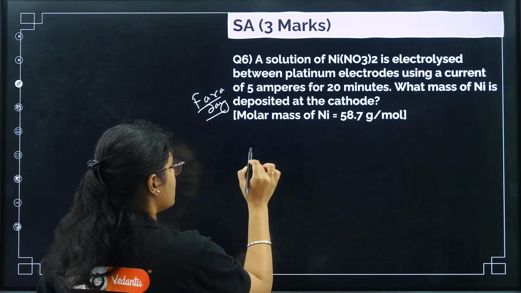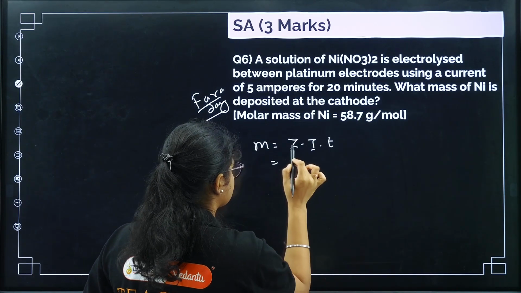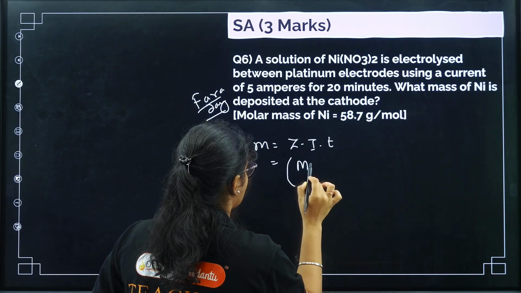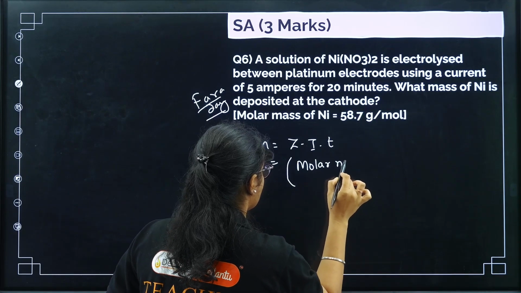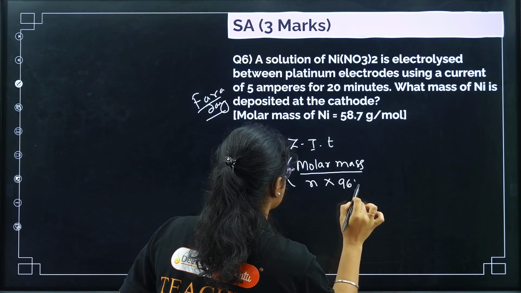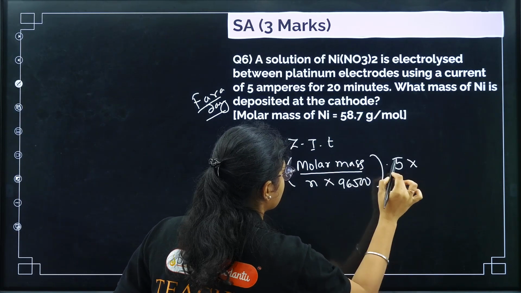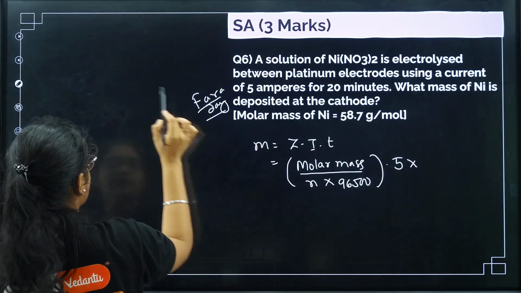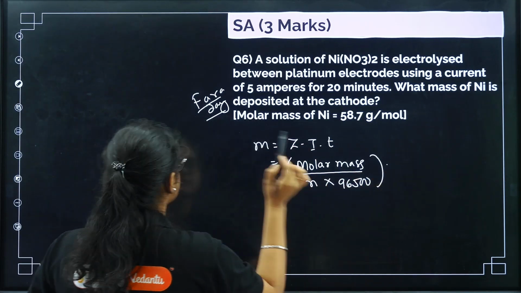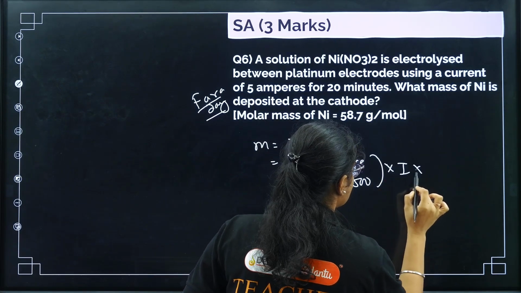We know this formula: m is equal to Z into I into t. If you want to expand this, Z is equal to molar mass divided by n into 96500, into current into time. I'm not substituting now.